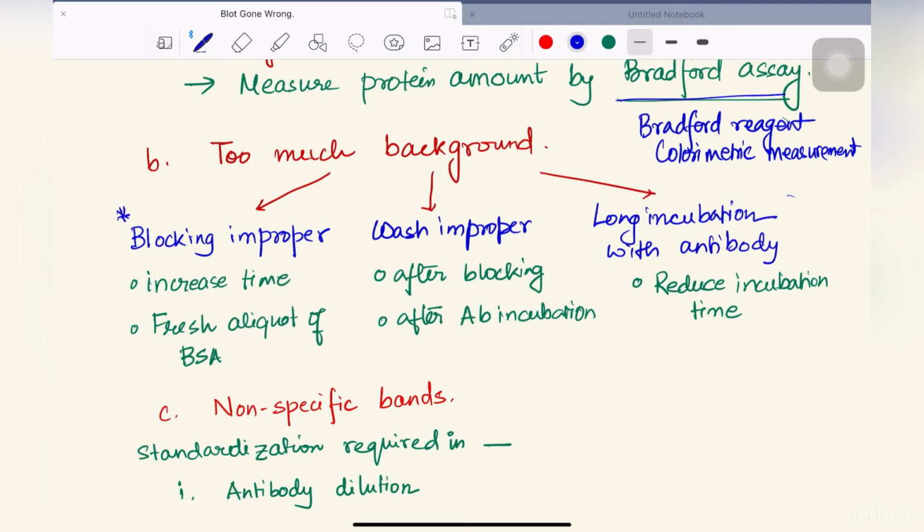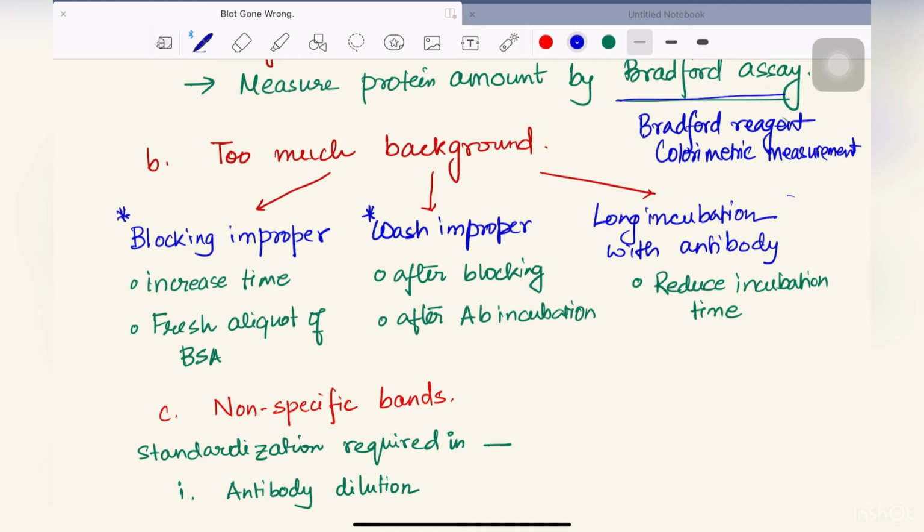If the blocking is not done correctly, for example, if it was done for a very short time, you need to increase the time of blocking. You need to check which blocking reagent you are using, skimmed milk or BSA. And if you are using BSA, you should always take a fresh aliquot of BSA so that blocking can be done properly. Next is wash.